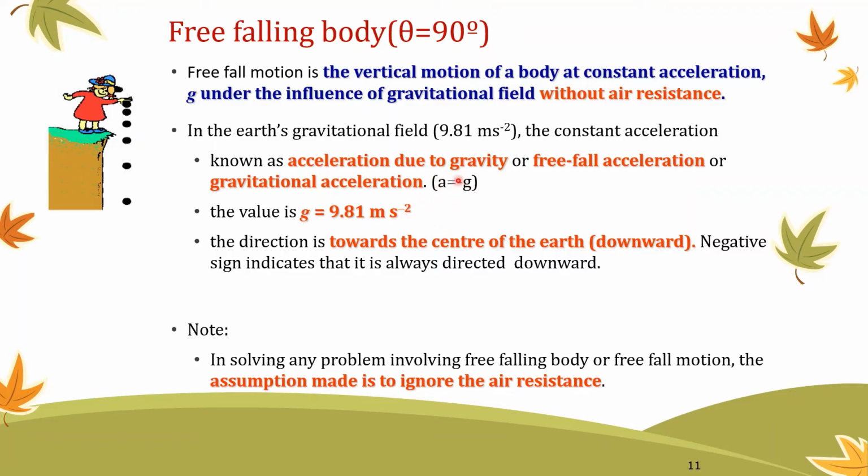The negative sign here indicates that the direction of gravitational acceleration is always towards the center of the Earth, or downward. And the value of g is always constant, which is 9.81 meter per second squared. Note that in solving any problem involving free-falling motion, we always assume that the air resistance is ignored.